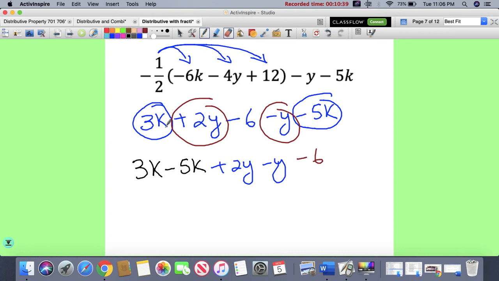So combine like terms. This is going to give me negative 2k. 2y minus y, and if you like, you can put a 1 over here. So that really is 2 minus 1, which is positive, right? The positive is going to win, 2 minus 1, 1y. And then finally the minus 6, I'm just going to write it. And there's nothing else to do.